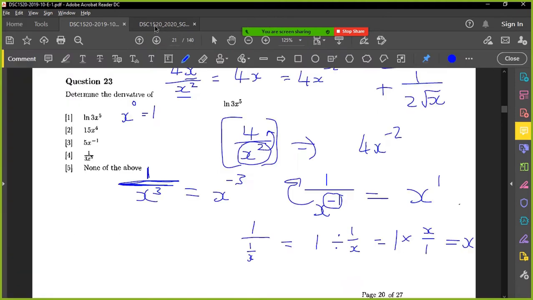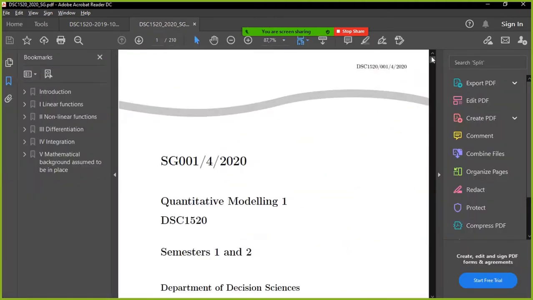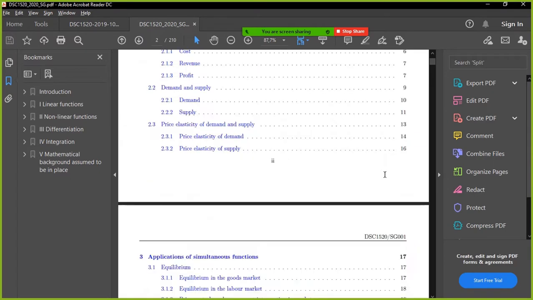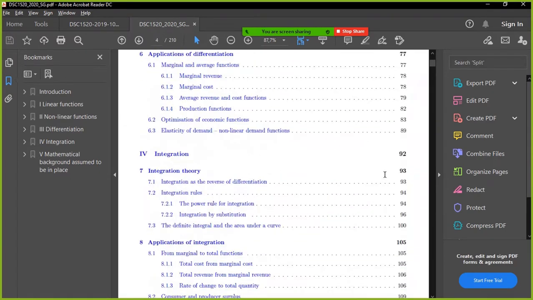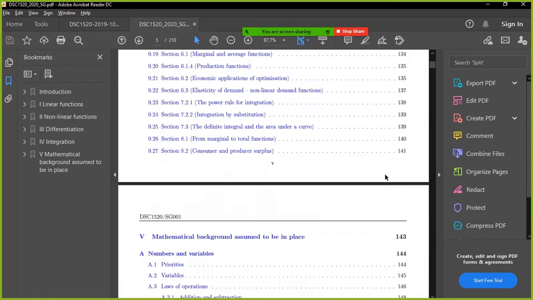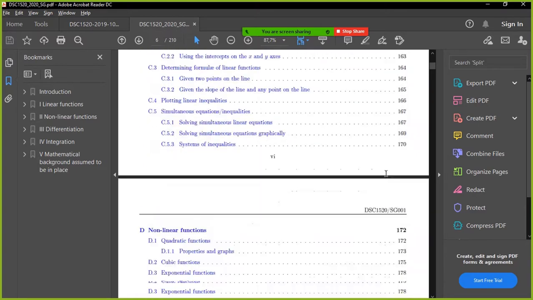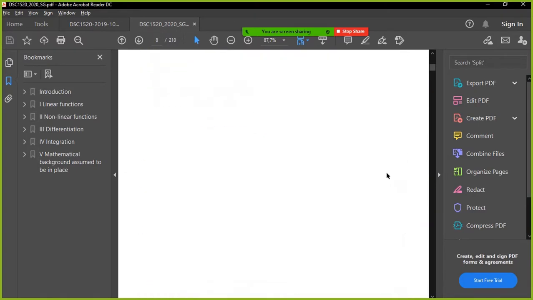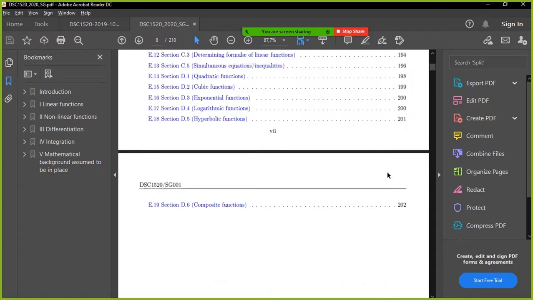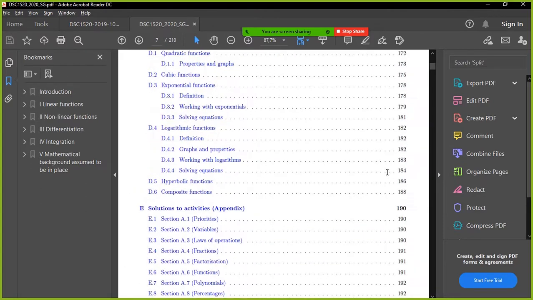Close that. Do they give you a list of rules here for exponents? They should. Probably in the basics, I guess.